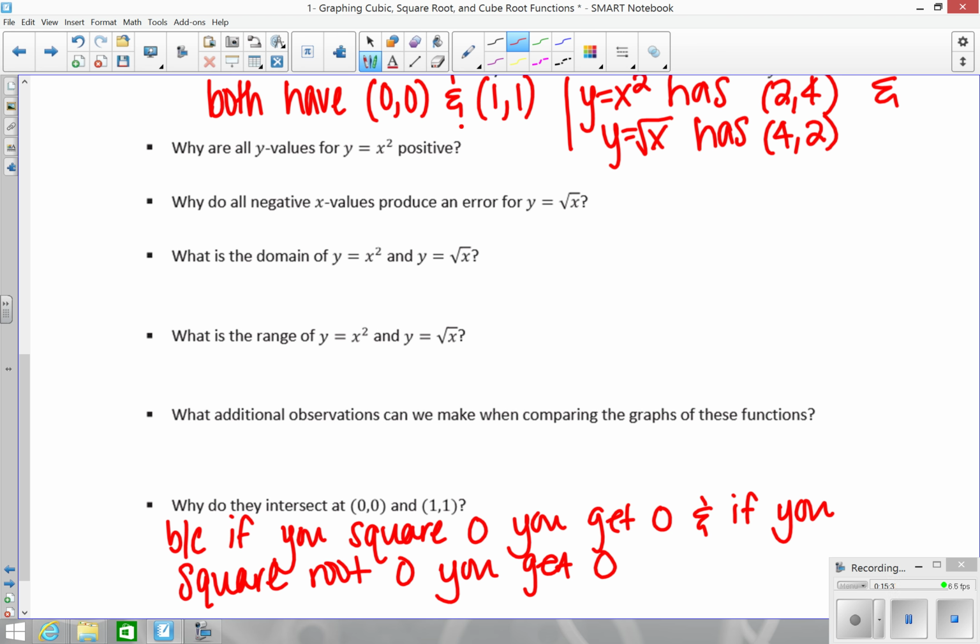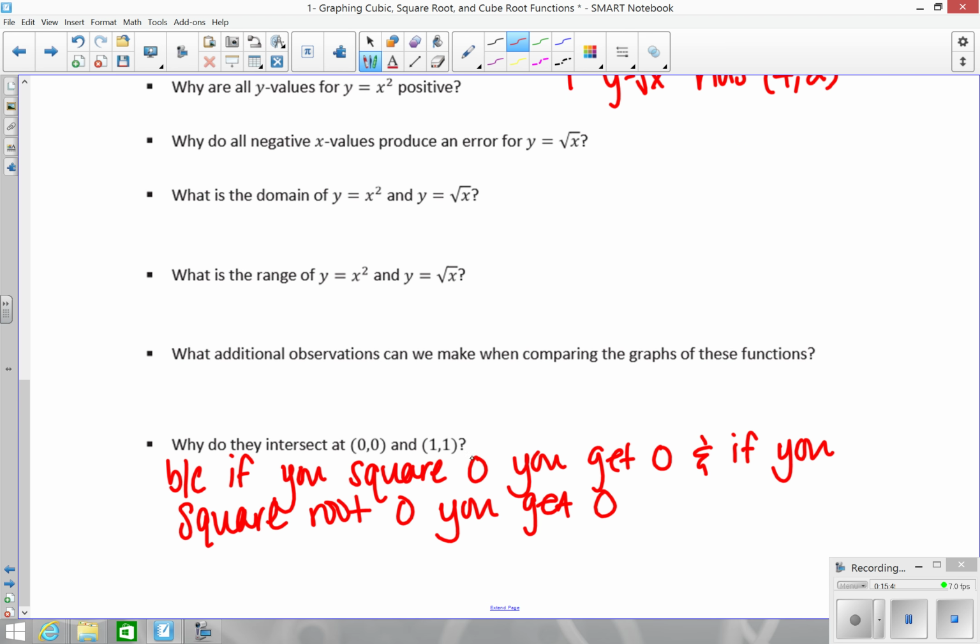So since you plug 0 into one function, you get 0, and you plug it into the other function, you get 0, it's a common point between both equations. So (0, 0) and (1, 1) satisfy both equations is another way to look at it.